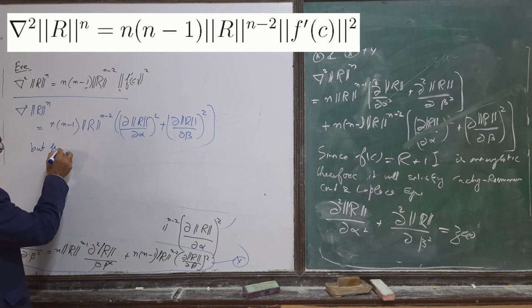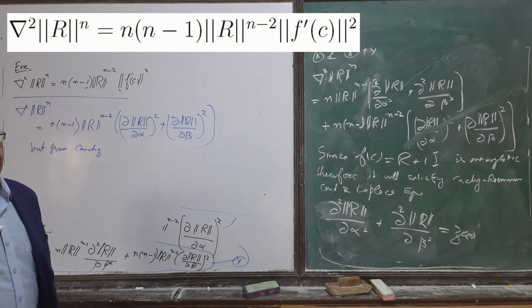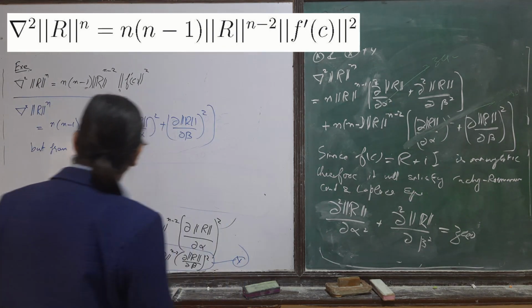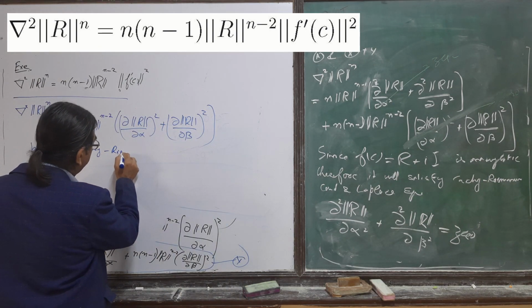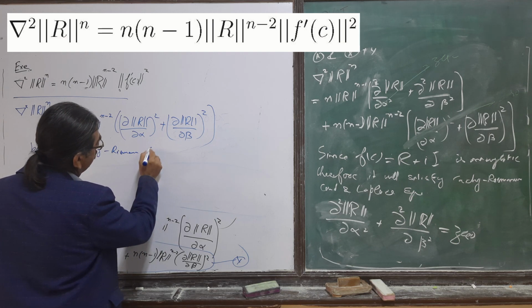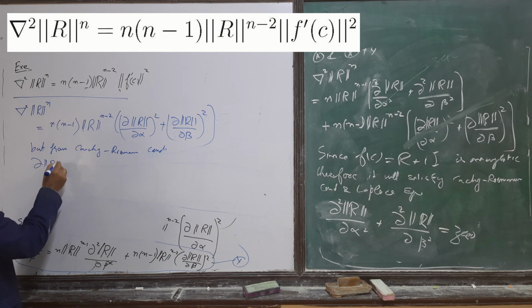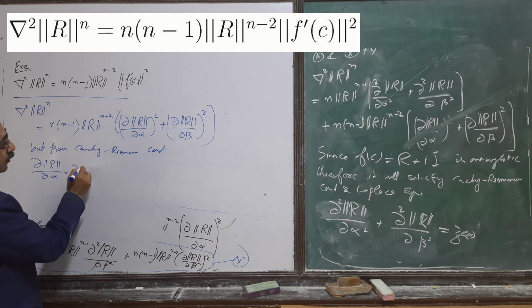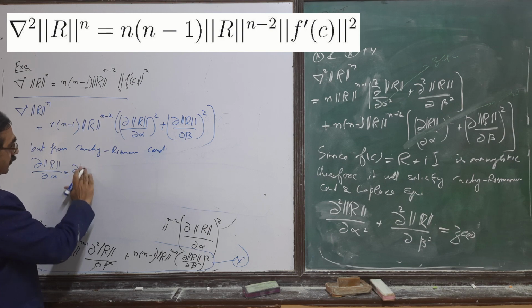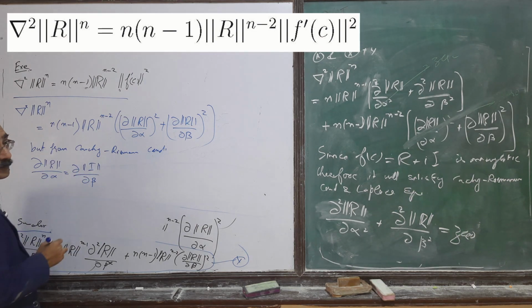But from the Cauchy-Riemann conditions, partial R over partial alpha will be equal to partial I over partial beta.